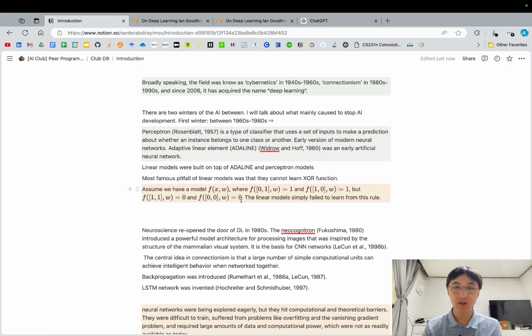These models simply failed to learn this rule. Assume what weight you should give, so that 0 1 and 1 0 give 1, and there is a single set of weights that gives 0 for 0 0 and 1 1. There is no such w we can give. So the models couldn't learn that, and people were disappointed and thought we should look at the models from another point of view. After this there was a winter gap. This was the main reason.